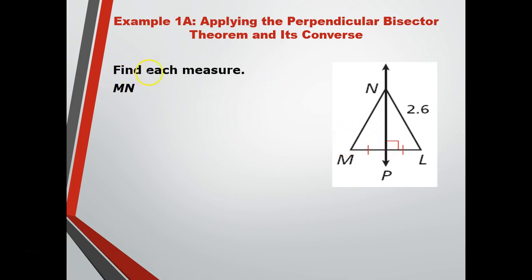So it says find each measure. Well, it just says find MN. By the perpendicular bisector theorem, if we know that NP is the perpendicular bisector of ML, then this right here and this right here are congruent, meaning that MN is 2.6. It's that easy.